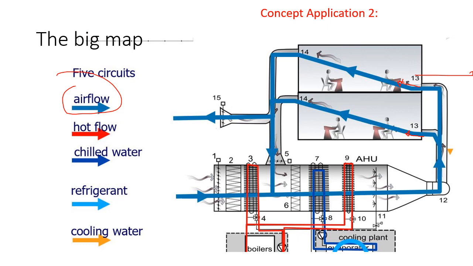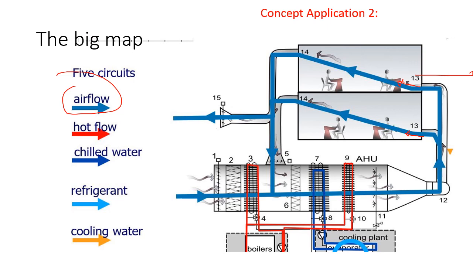Similarly, in another room, it comes in at a warmer temperature and drops to the room temperature to compensate for heat loss to the outdoor. So you can see this is the big map for the airflow circle.